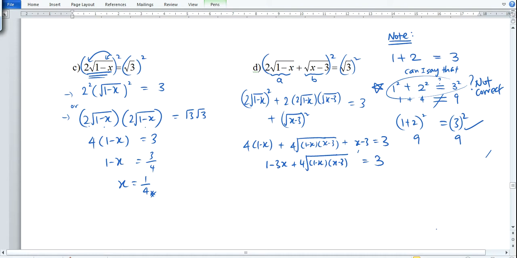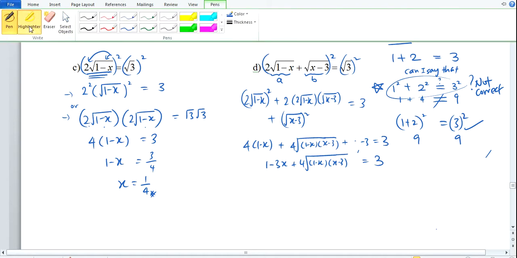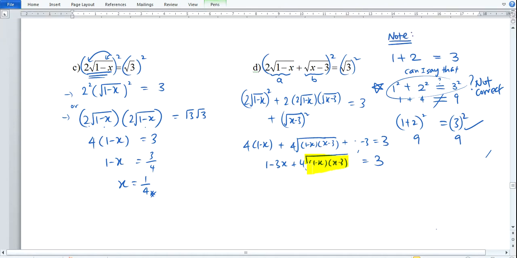Notice that even after squaring both sides once, we still end up with a square root. So the obstacle is still not solved, right? So what should we do next?